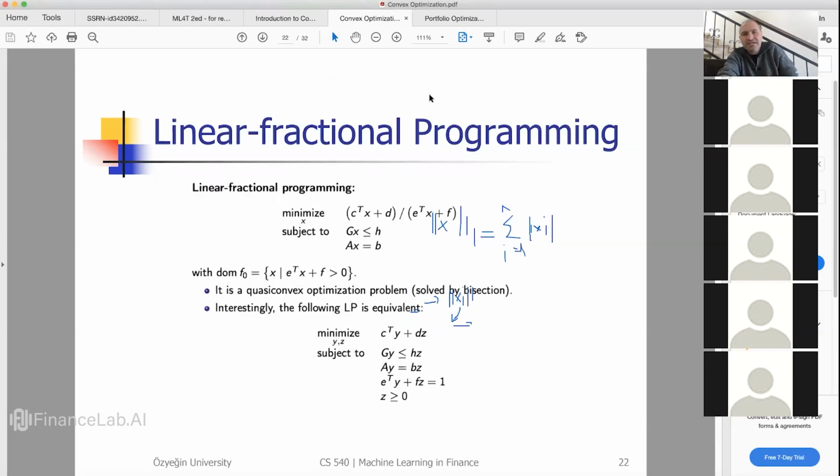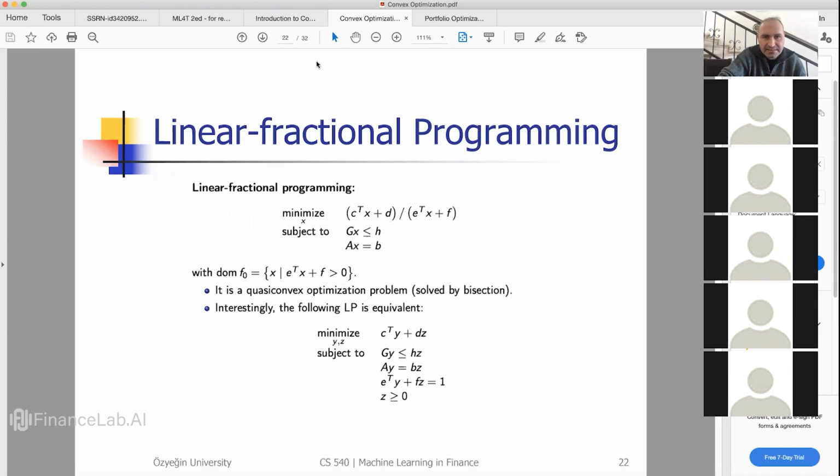And again, linear fractional programming is another problem, similar to the linear programming problem, but we have a division of two linear or affine functions. In this case, the objective function is different: it's C transpose X plus D divided by E transpose X plus F, with similar inequality and equality constraints.